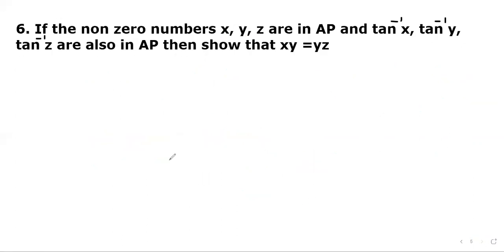Now, next question. If the non-zero numbers x, y, z are in AP and tan inverse x, tan inverse y, and tan inverse z are also in AP, then show that xy equal to yz. So if tan inverse x, tan inverse y, tan inverse z are in AP, we can write tan inverse y minus tan inverse x must be equal to tan inverse z minus tan inverse y. Now we apply the formula of tan inverse A minus tan inverse B, that gives tan inverse within bracket A minus B divided by 1 plus AB.